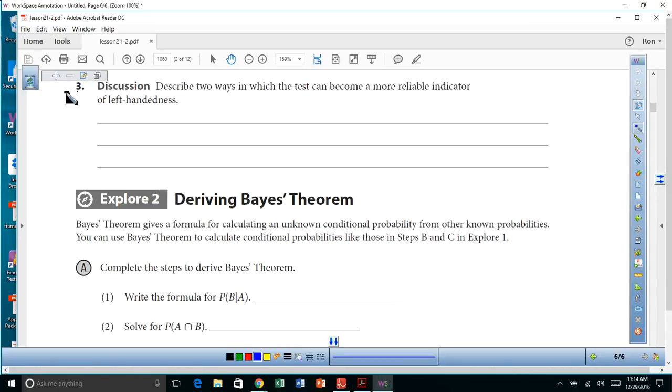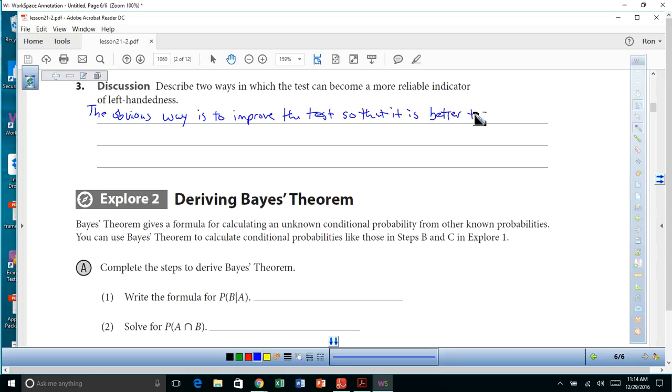Let's see here. The obvious way is to improve the test so that it is better than 92% for babies who are really left-handed.